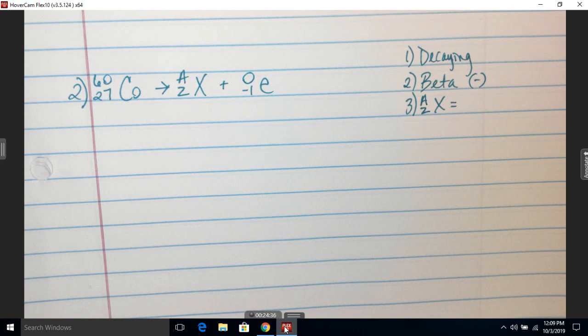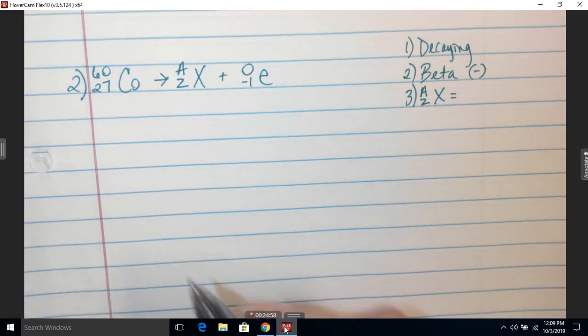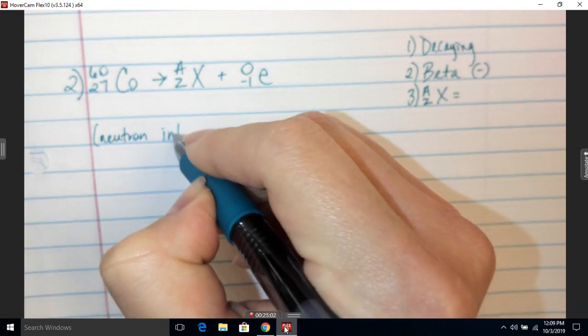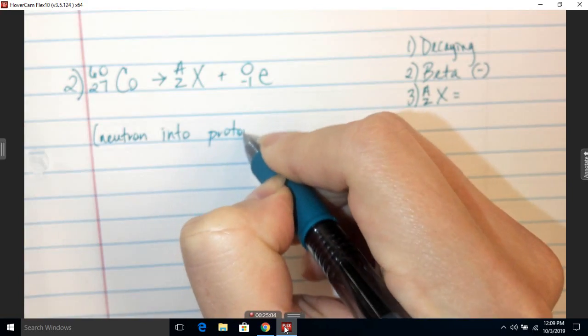What actually takes place in this? We just did it. We just learned it. It's in your notes if you need to look it up. What actually takes place? Say it louder. A neutron into a proton.